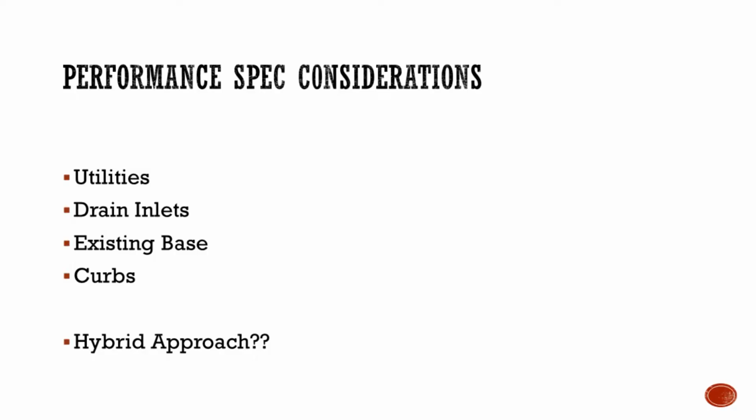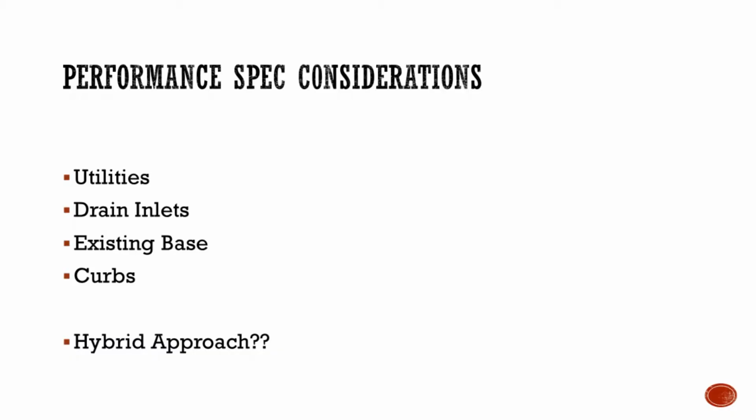Some things to consider. I was talking with a contractor in California, and they are starting to do a lot of micro milling as well in front of thin lift overlays. And he said, look, performance specs can be tough though, especially in urban areas, because you have curbs and utilities, you have constant stop and goes, and another thing is you always have to keep in mind the condition of the existing base course, right?